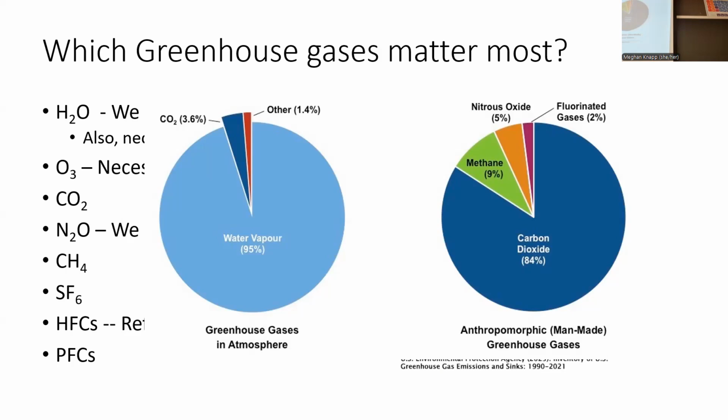So I'm going to put this one up. Water vapor makes up 95% of the greenhouse gases. But our planet is 75% water. We can't really affect the amount of water in the atmosphere very much because there's so much there already. On the other hand, we have a little bit more control over some of the other ones.